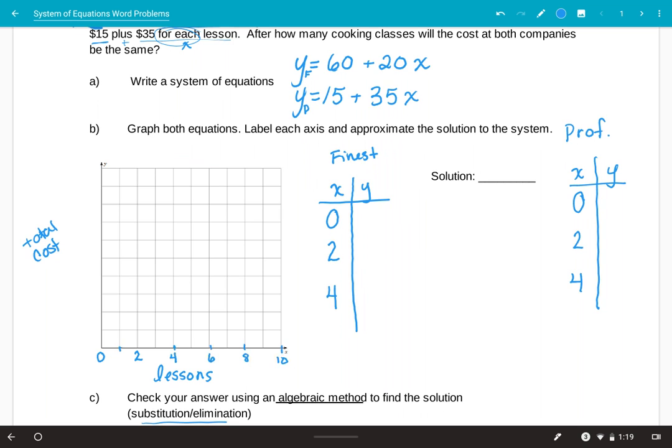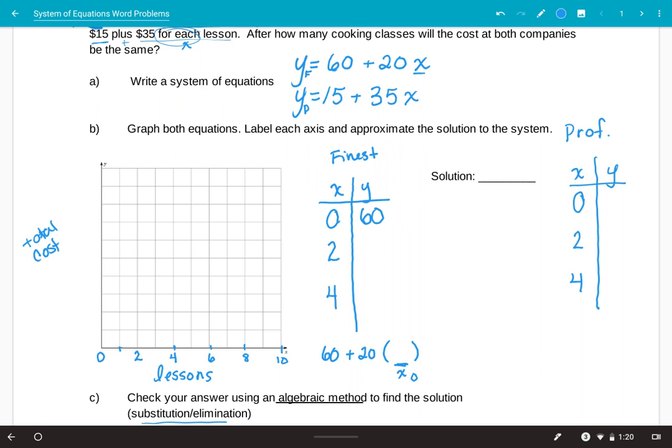Now, using your calculator, we're going to plug in 0 for X for this first one, okay? So if you need to see it, I'm going to go 60 plus 20, parentheses, whatever my X is. So that's where my X is going to go. So if I put in 0 for the first one, 60 plus 20 times 0, 20 times 0 is 0, I have to pay $60.